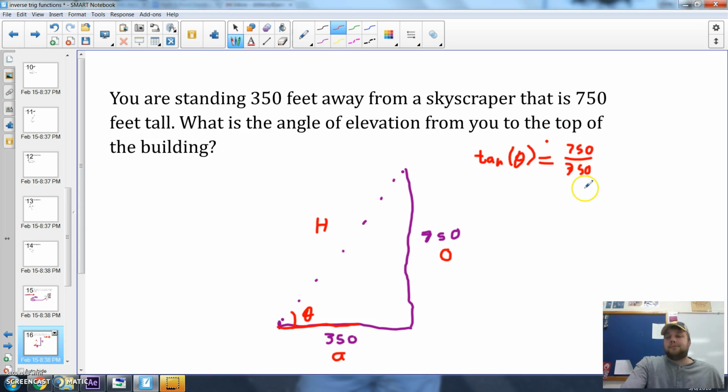All right. How am I going to get rid of tan? I'm going to go tan inverse. Since this is my last one, tan inverse. Basically I'm going to go tan inverse of this thing here. If I do tan inverse, that'll knock that out. So I'm going to go tan inverse of 750 divided by 350.